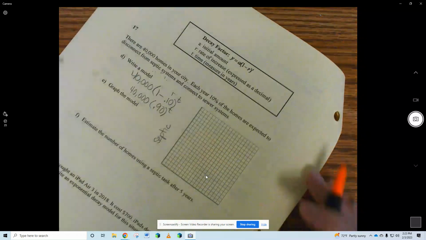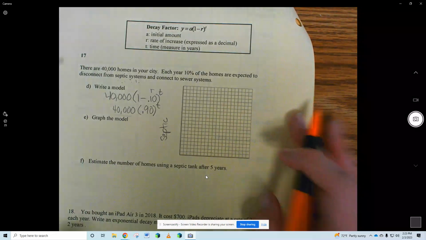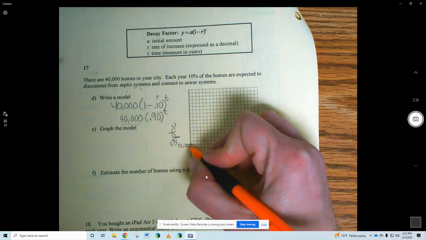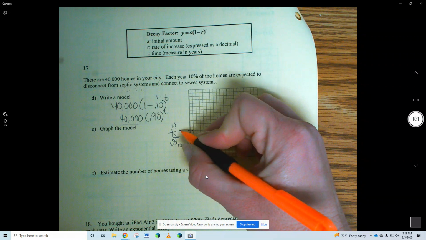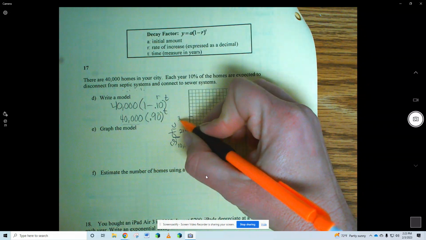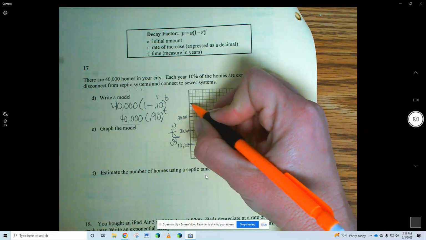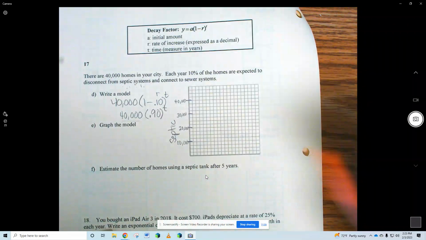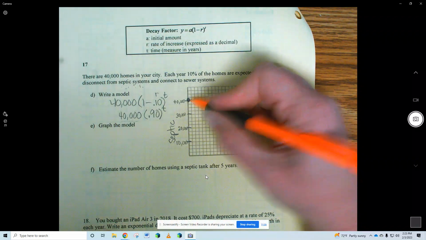I'm going to do it by 10,000s. How about 20,000, 30,000, 40,000. Okay, that's my y-intercept. And I'm decreasing.